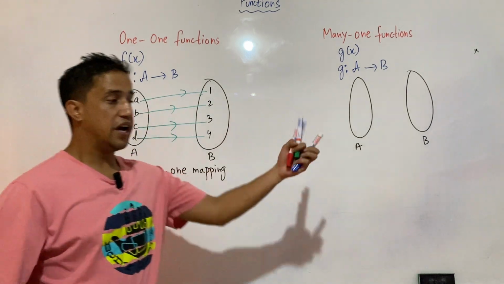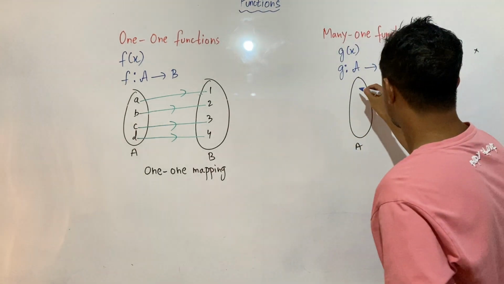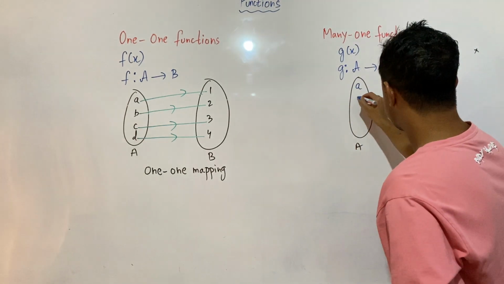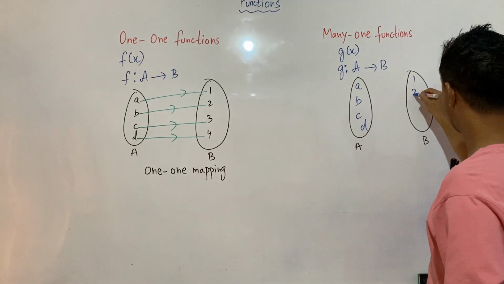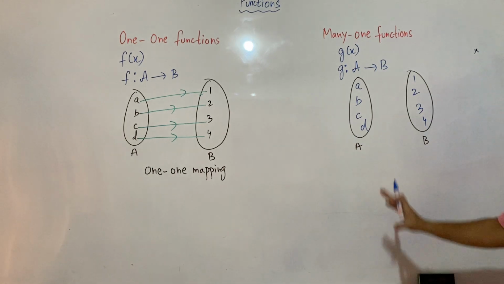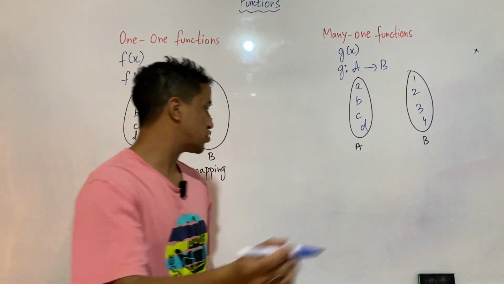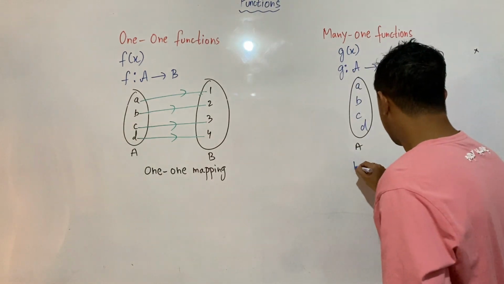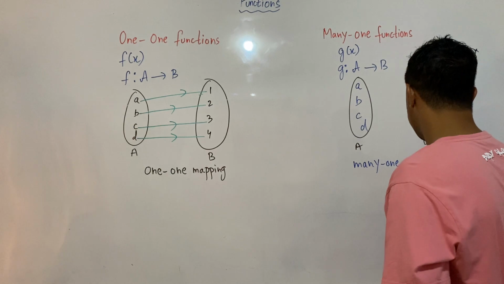Now go to the many-one function. We are going to take the same elements a, b, c, d, and in the codomain I have 1, 2, 3, 4. Many-one functions follow many-one mapping. What does it mean?